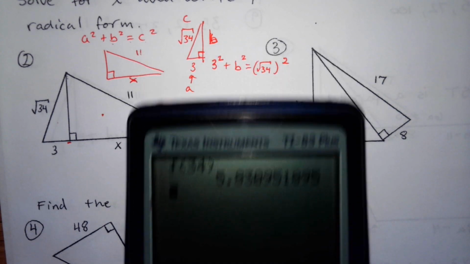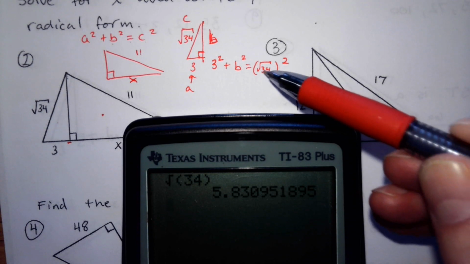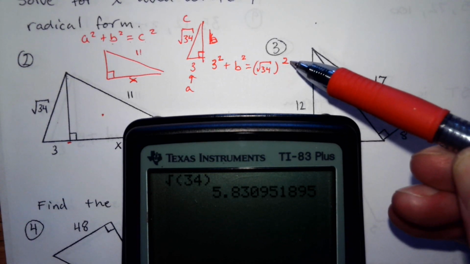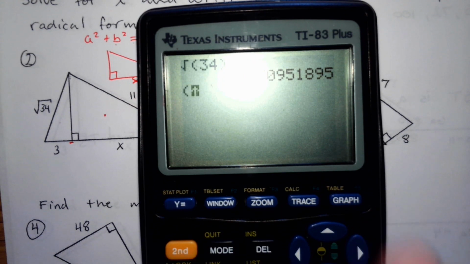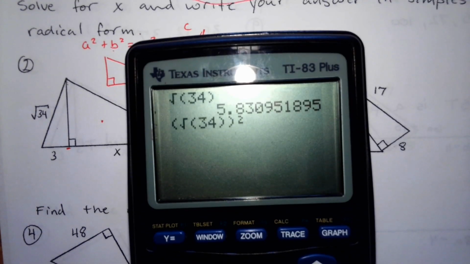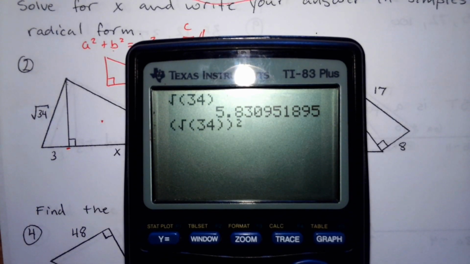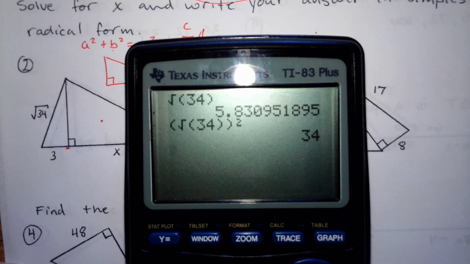But I'm not looking at the square root of 34. I'm looking at the square root of 34 squared. So I'm going to type that in. Watch what happens. Square root of 34 squared. Hit enter. It gives me regular 34. It's amazing. The problem got easier.